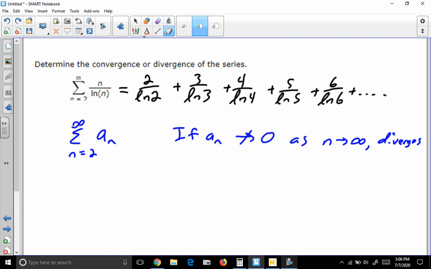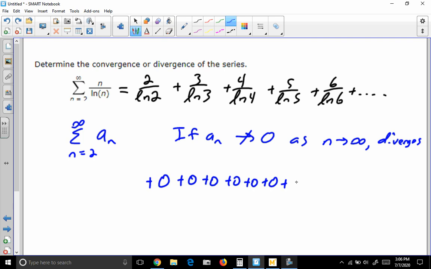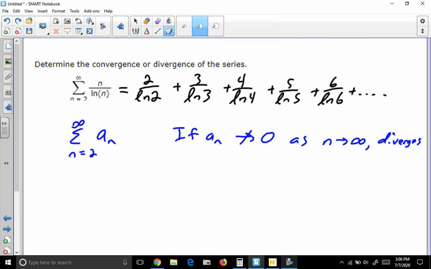The only way this could possibly converge is if after enough time each term is basically 0. If each term is basically 0 and we're just adding 0 forever, then it's possible that converges. There are still some cases where that diverges, but that is possible to converge.